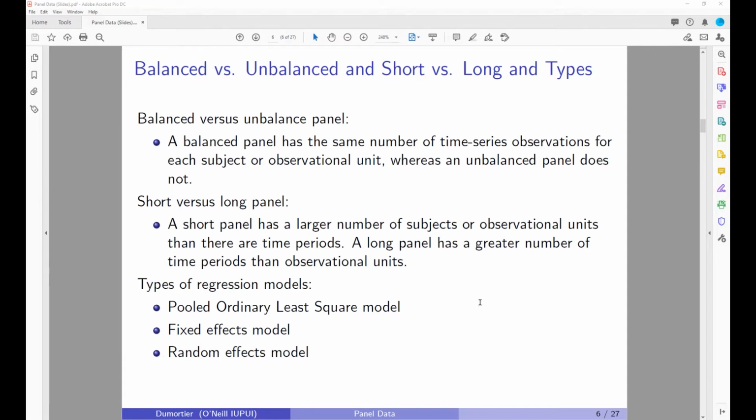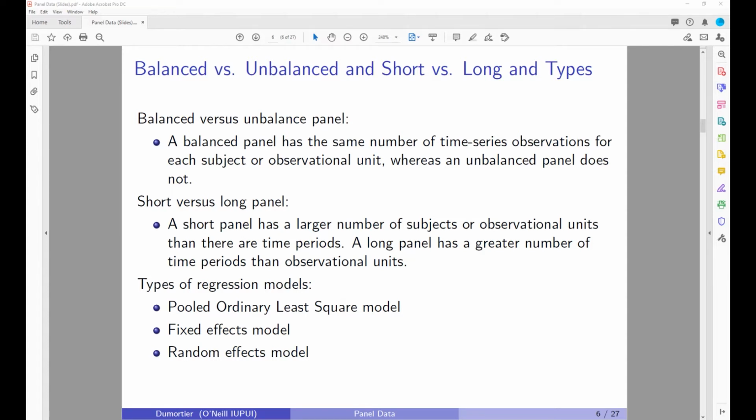Now, there are two concepts that are related to panel data, and those are balanced versus unbalanced data sets and short versus long panels. Okay? A balanced data set has the same number of time series observations for each subject, whereas an unbalanced panel data set does not.